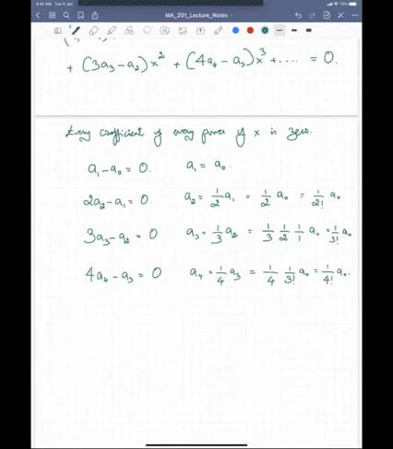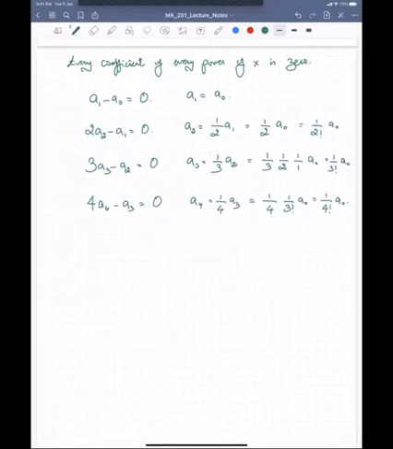So even though I started with an infinite number of coefficients, I really don't have an infinite number of coefficients after all, because once I know what a0 is, I can fix everything else in terms of a0. This idea that once you know a finite number of coefficients, you can determine the other coefficients in terms of this finite number is a very powerful idea.